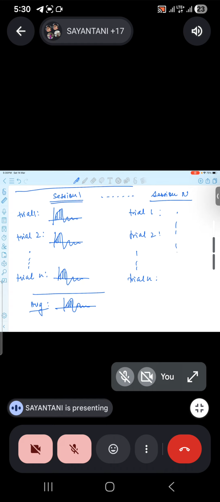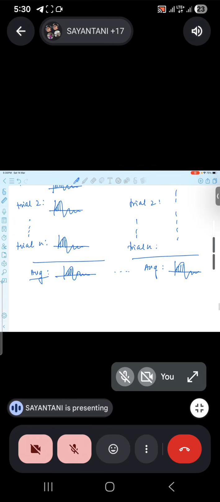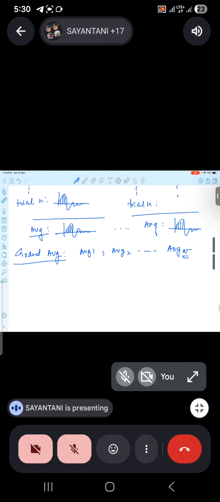Again, for the nth session, the same thing, I will perform the average. So this continues. I'm going to get an average signal from all the trials. Now we are going to find out the grand average value of the signals. That means whatever average values you have obtained, average number 1, average number 2, up to average number n, where n denotes the total number of sessions, all these signals you are going to average further to get the final ERP signal.